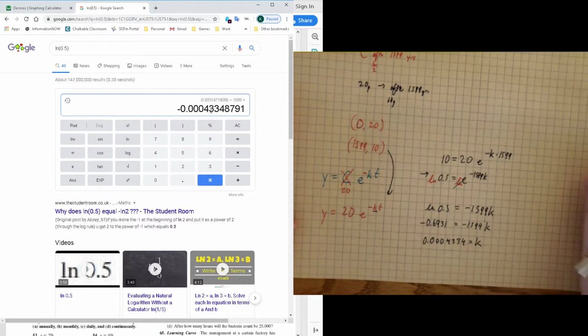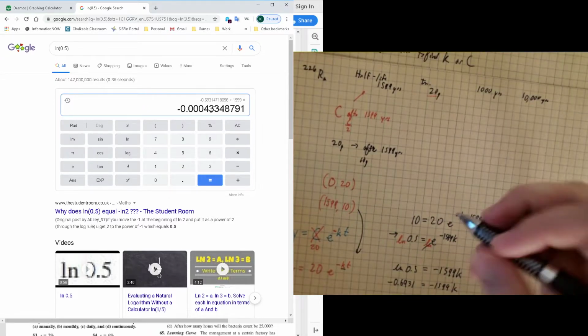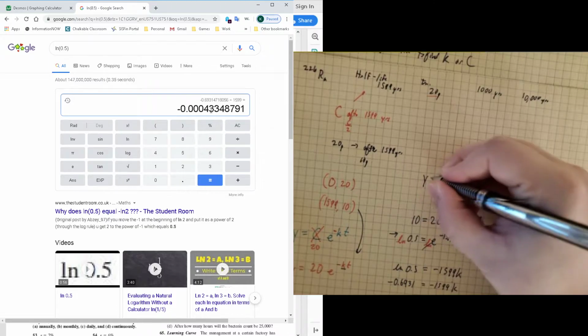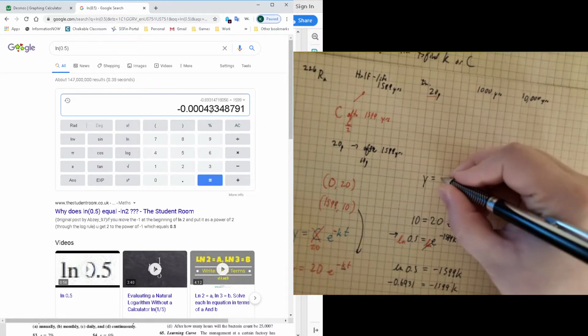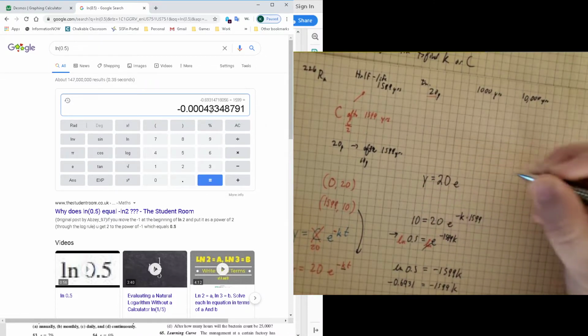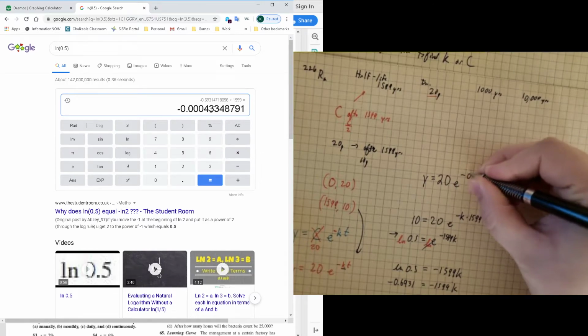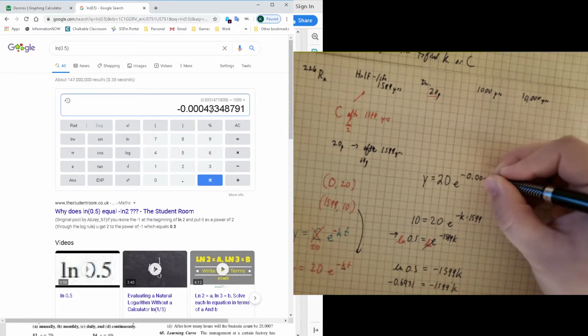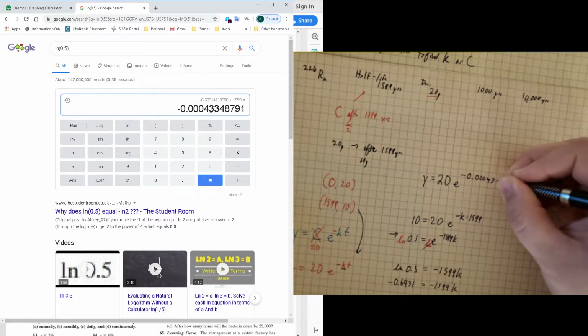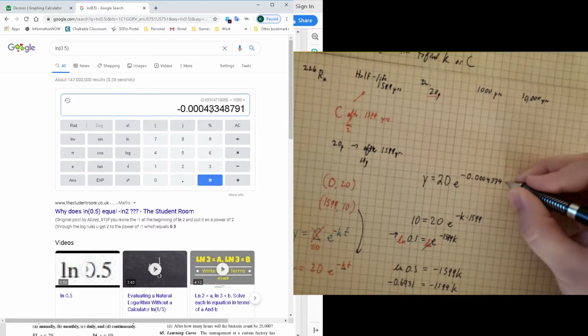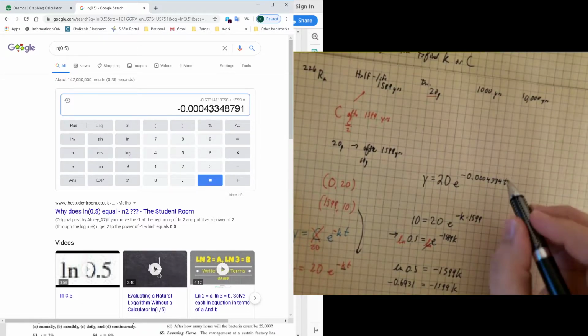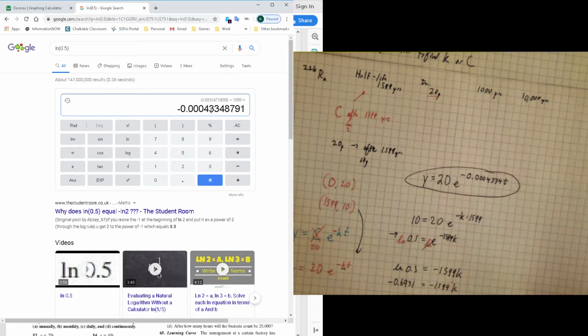And so this means that I have a new formula for this problem. My formula is y equals 20 e to the negative 0.0004334 t. So this is my formula.